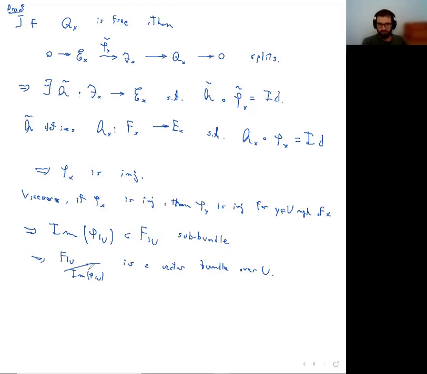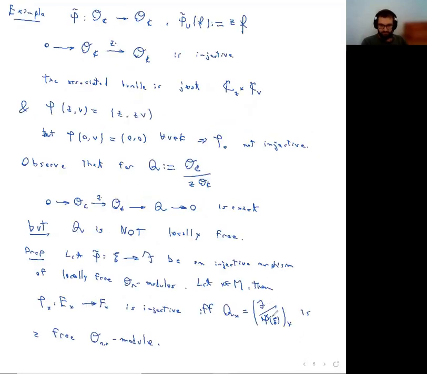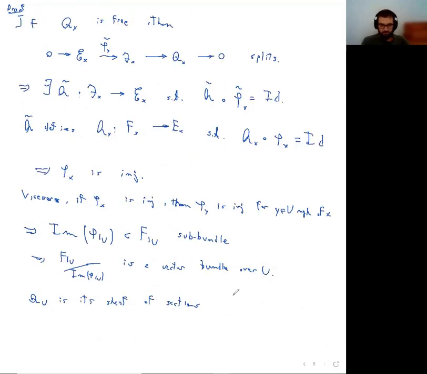It's just the quotient of the sheaves of sections. So in particular, Q_U is its sheaf of sections, because Q was defined precisely as this quotient. And this proves that this is the sheaf of sections of a bundle. In particular, it is locally free. In particular, the stalk is free.